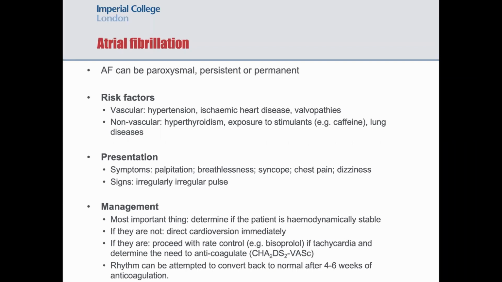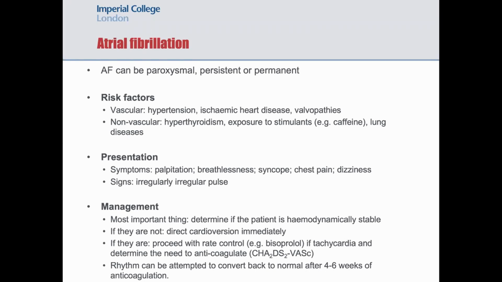If you have a score of 2 or more, you need to anticoagulate them, normally with a DOAC such as apixaban or with warfarin, for a period of 4 to 6 weeks before you can bring them back to the clinic and cardiovert them back to normal rhythm.